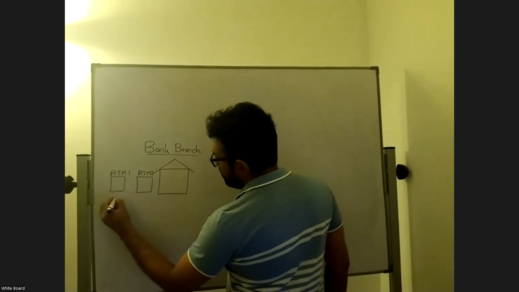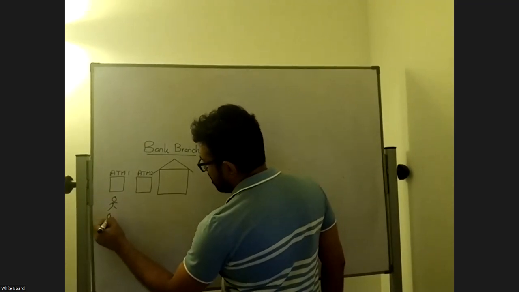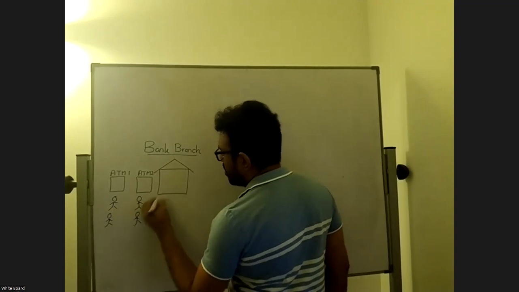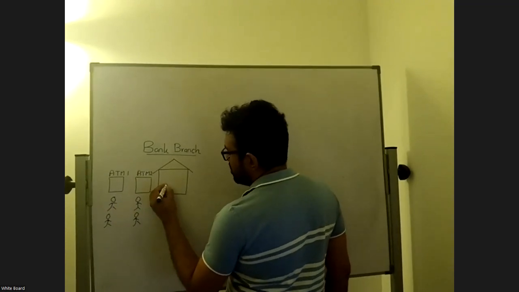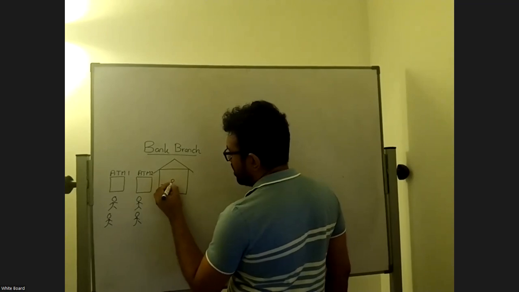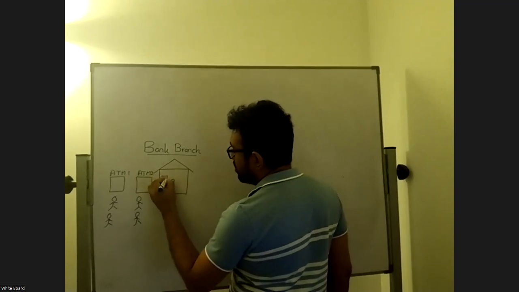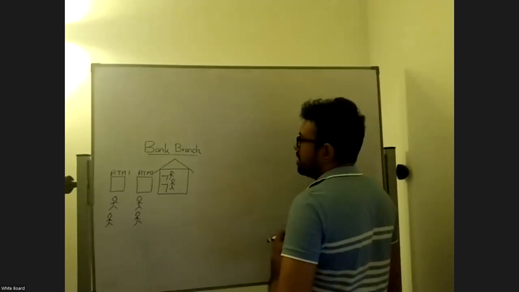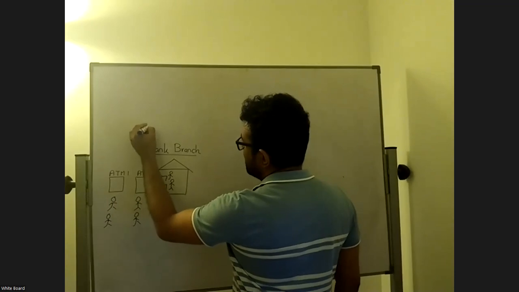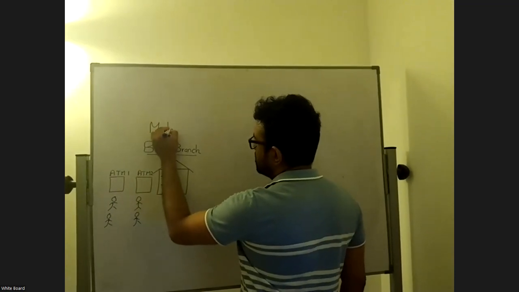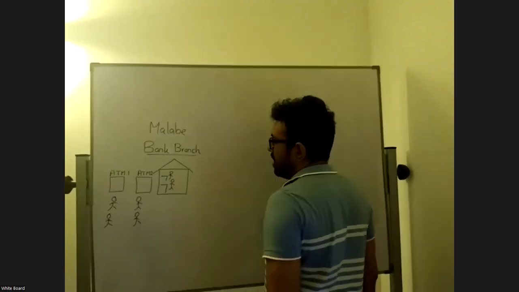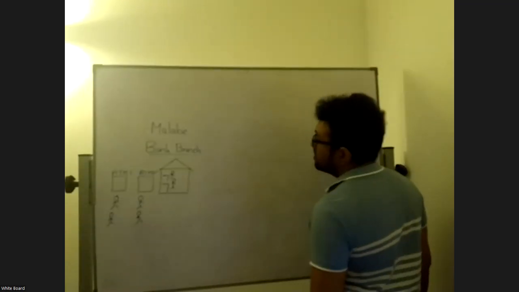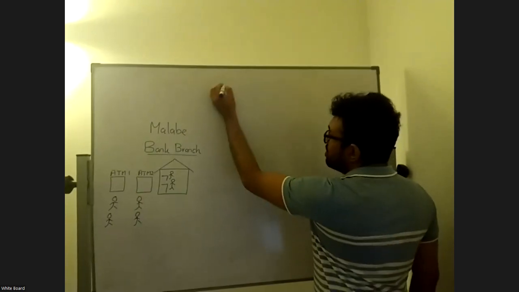Inside this also there are people using counters. There are two or three people counters. Okay? So let's say this is the Malabe branch. I'm in Malabe now, so I'm putting this as the Malabe branch. There are more branches like this everywhere.